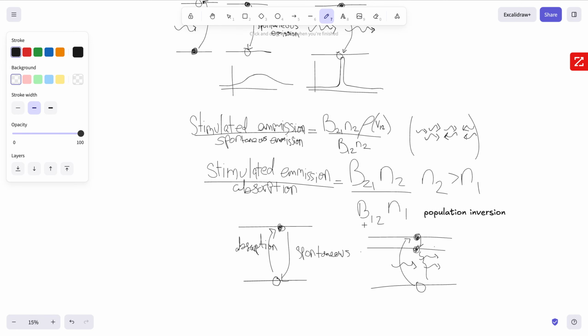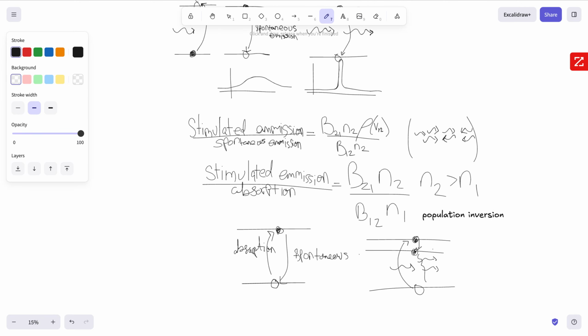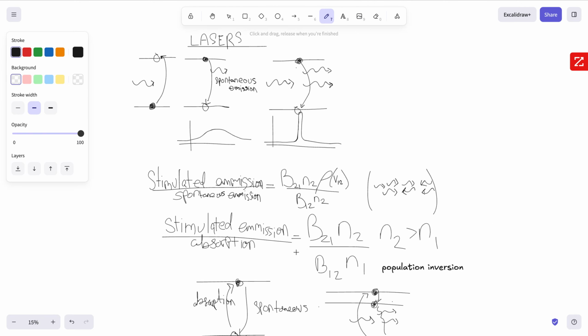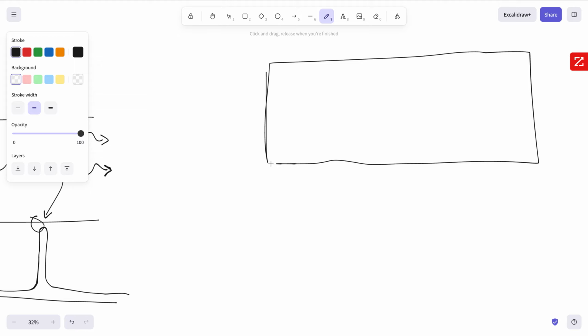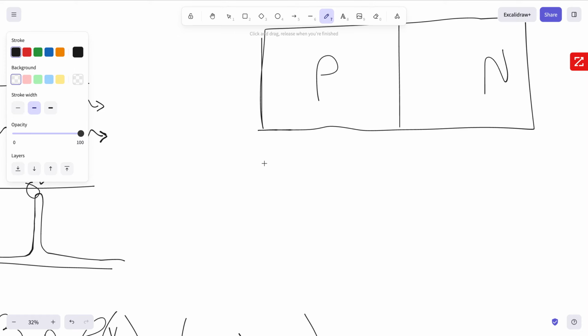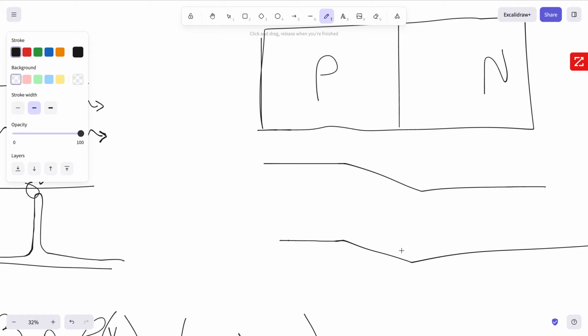Now, how can we design this laser using the semiconductor principles that we understand? We use a PN junction, because a PN junction readily has the key property of its depletion region, where holes and electrons are actively recombining, which is what we need to stimulate emission.